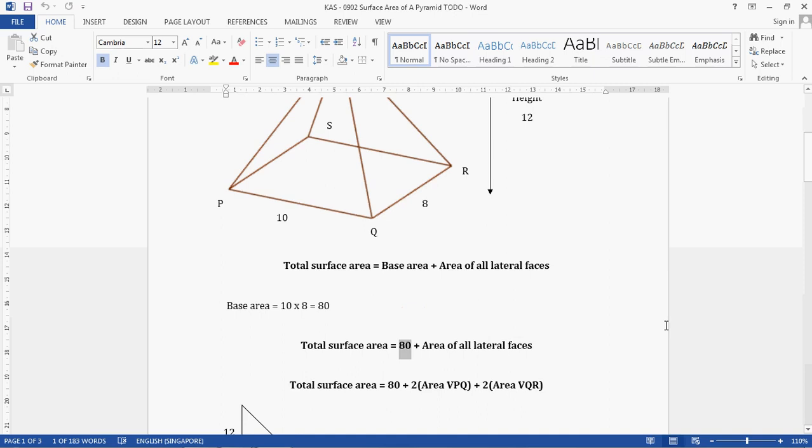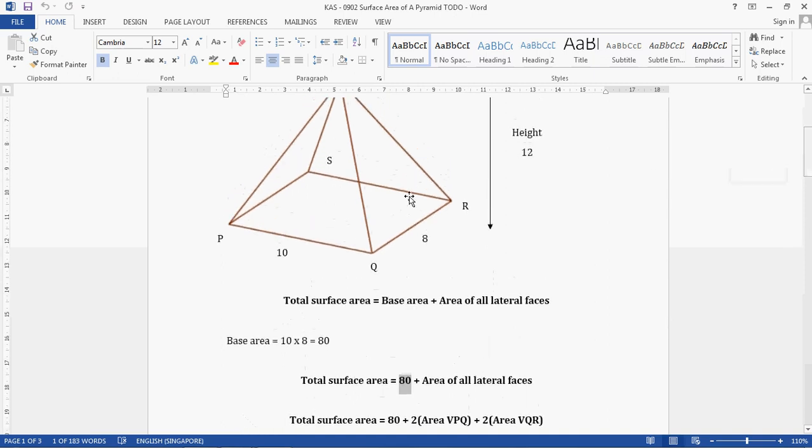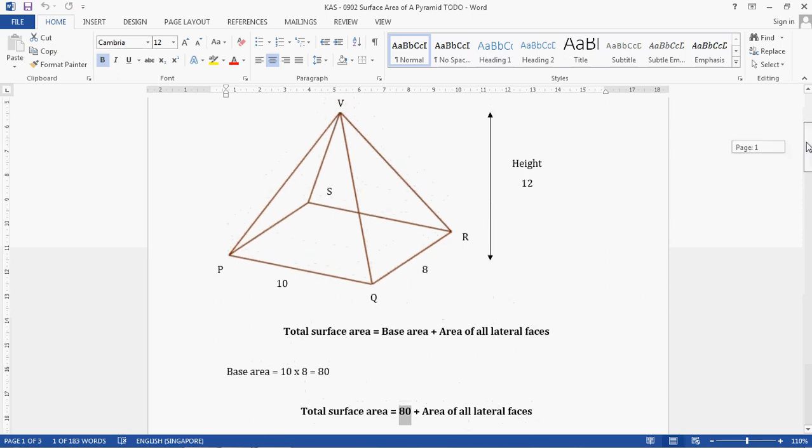What about all the other faces? Well, we have 2 sets of different triangle faces, one at each end. So we just assume that we have this V, P, and Q, and its opposite side.